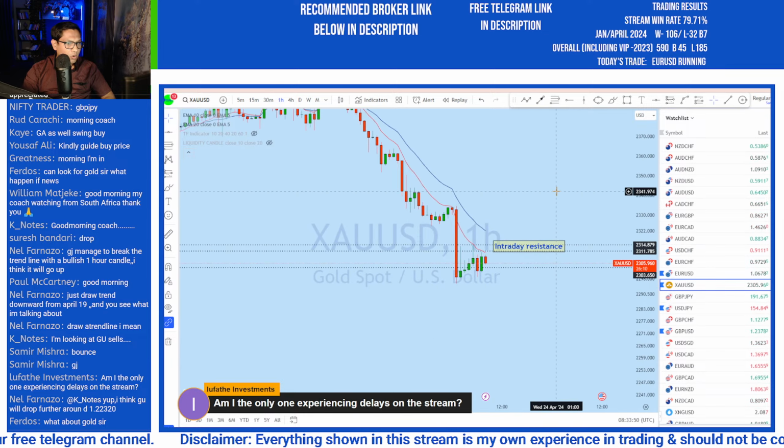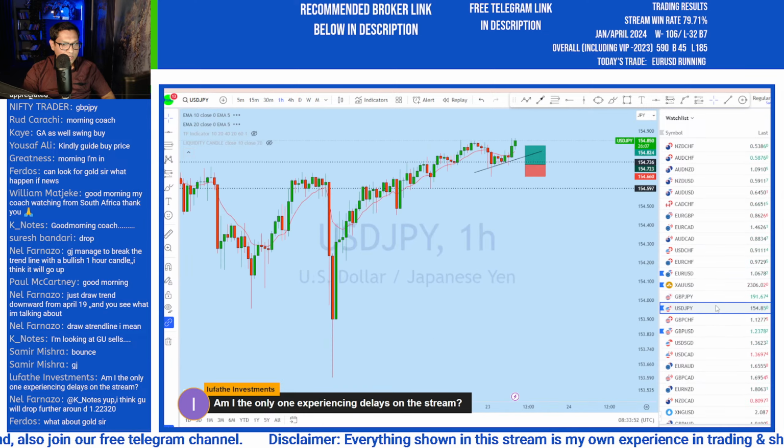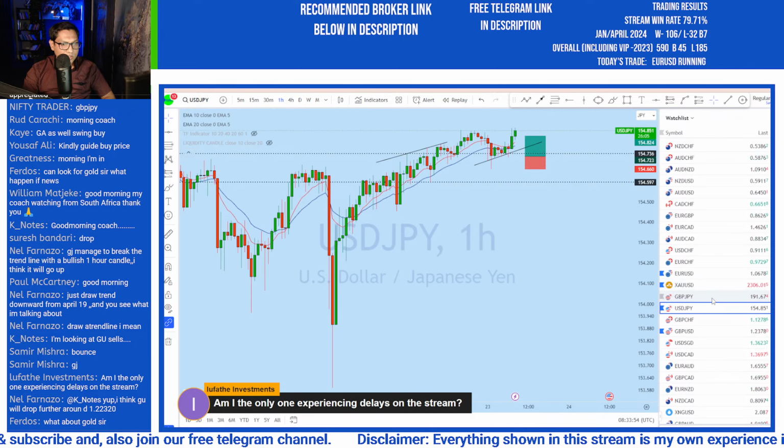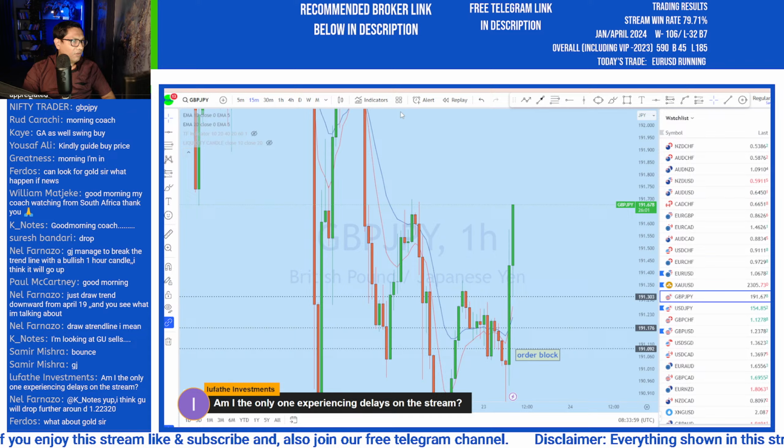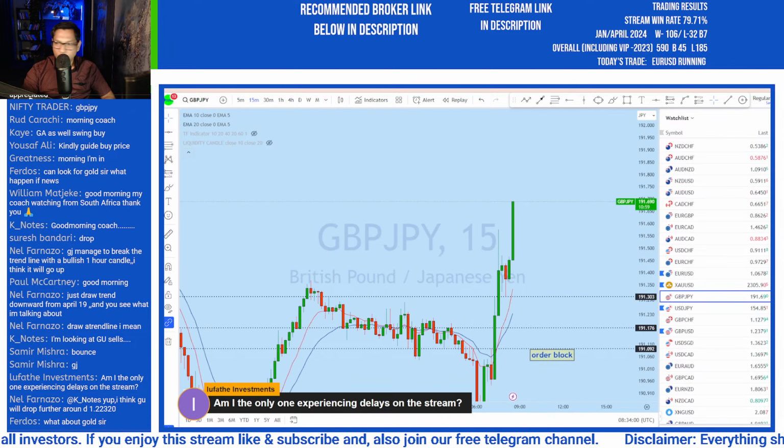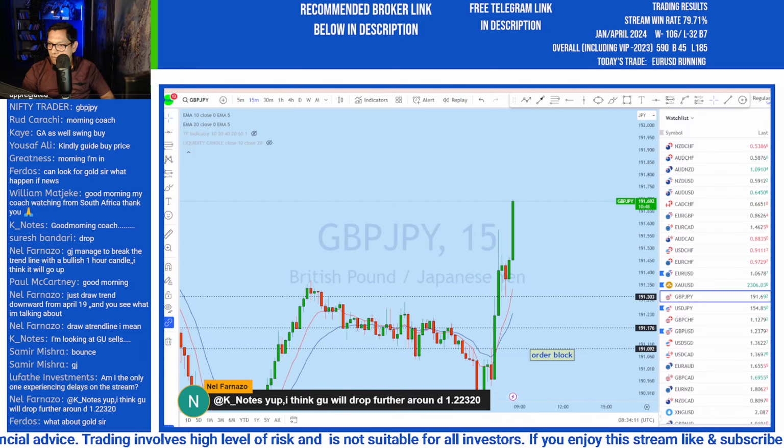Okay, so we see that gold is coming for a deeper pullback. We see GJ has basically managed to bounce off that level. Okay, so we see that big move on GJ, and would like to find an entry. Okay, what about gold, sir?